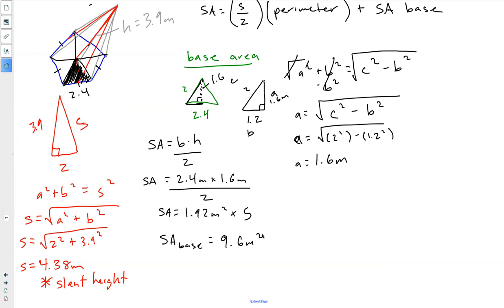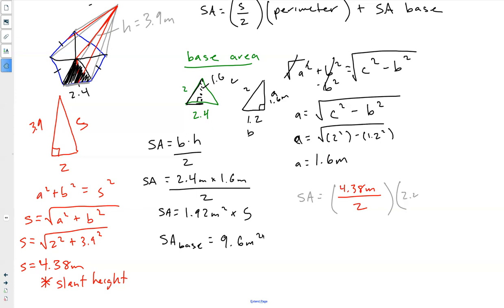I have everything that I need to use this formula. Okay, so surface area is equal to my side length over my slant length over 2, which is 4.38 meters divided by 2. My perimeter, okay, so one side length is 2.4.